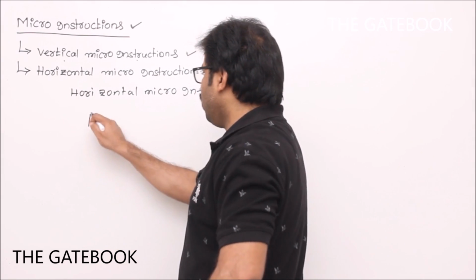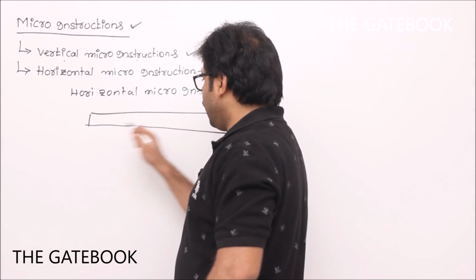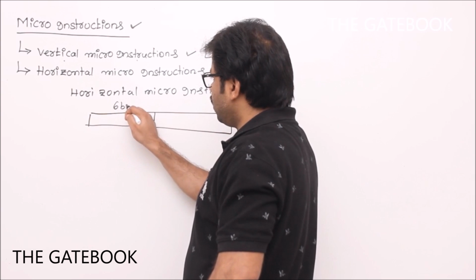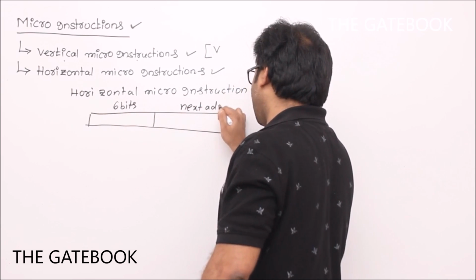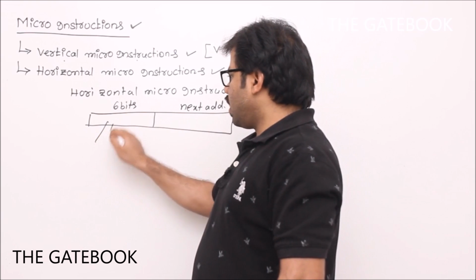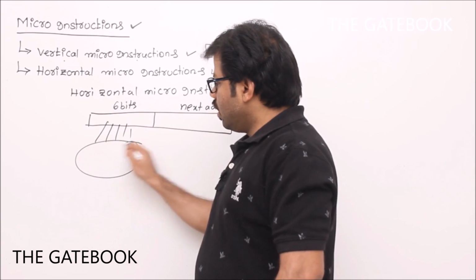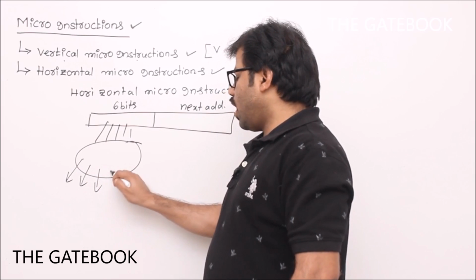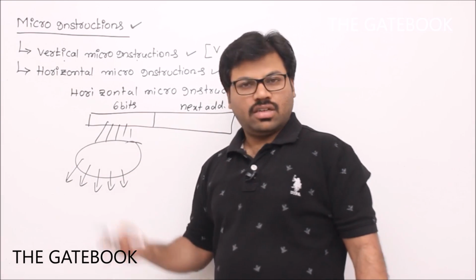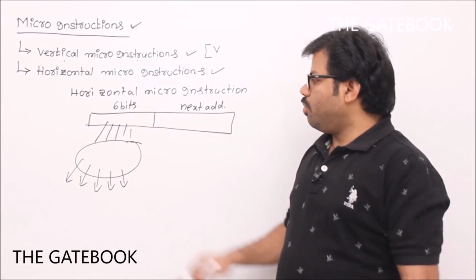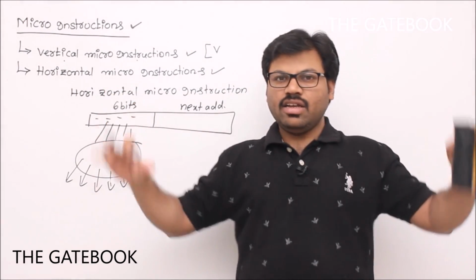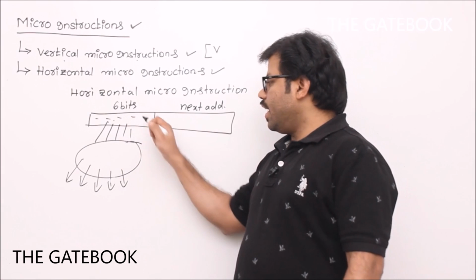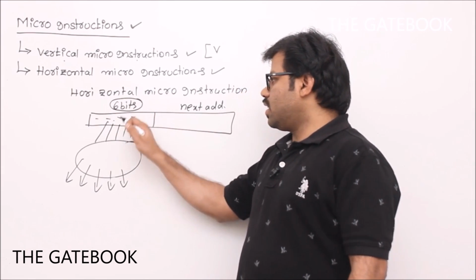We will now have a control word like this. In that, this will be 6 bits, and this will be the next address. The next address is as it is, we are not disturbing it, but these 6 bits are connected to a decoder. That decoder will generate one of the 64 patterns like the original one. Before this decoder we used to have 64-bit patterns directly, but from now onwards in the memory we are only maintaining a 6-bit pattern.